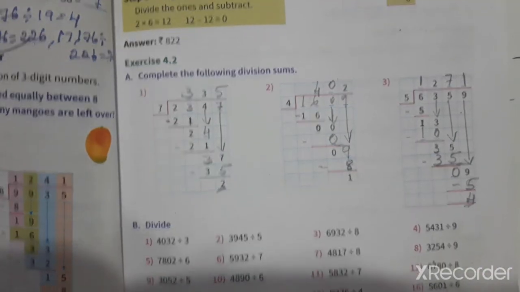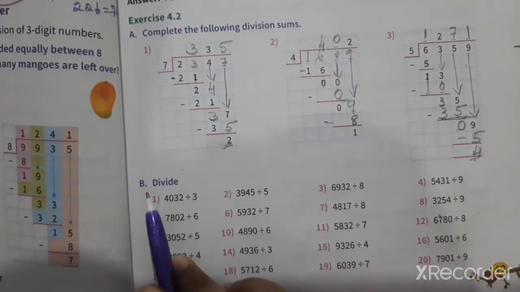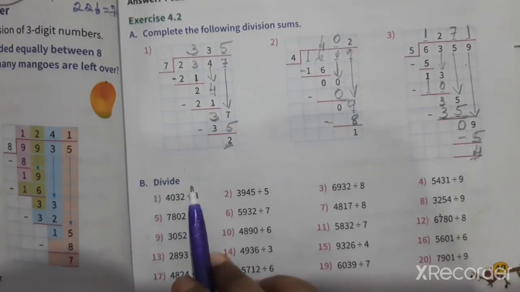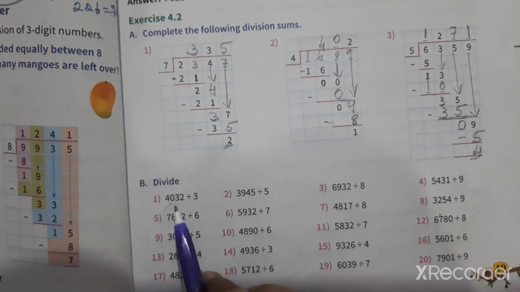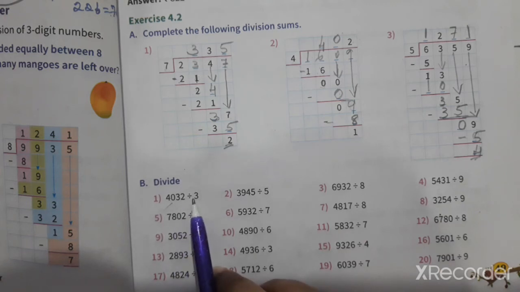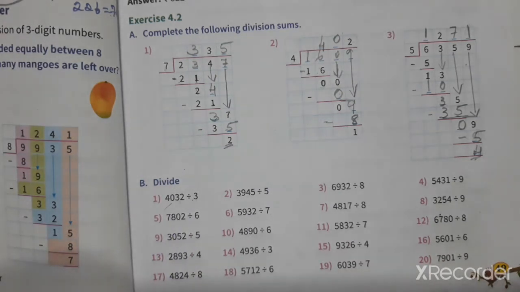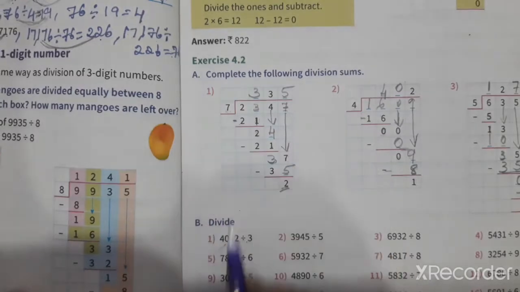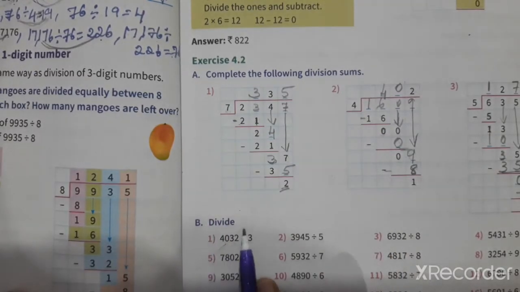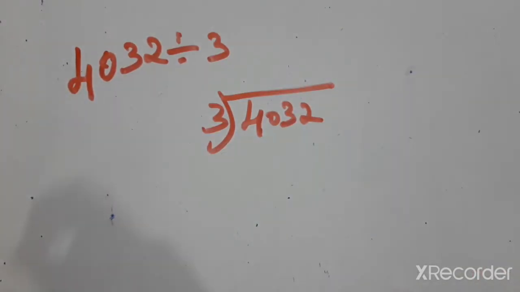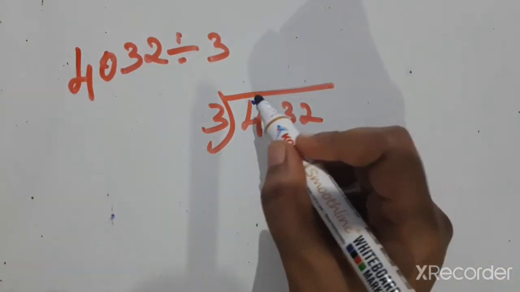Now next, exercise 4.2 B, question 1: 4032 divided by 3. So here a 4 digit number is divided by a single digit. Now we have to divide that number. Whether we can consider 4?